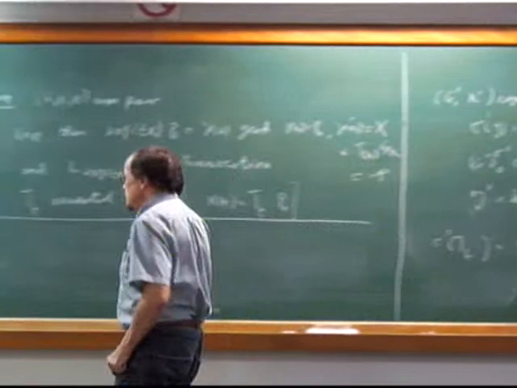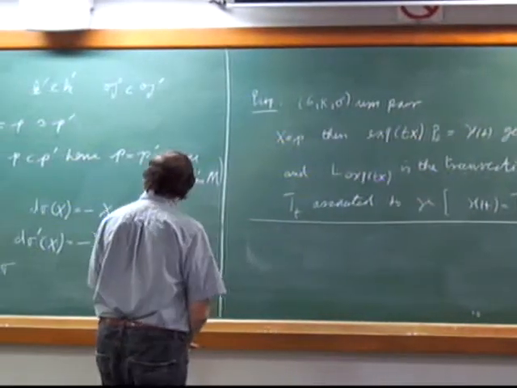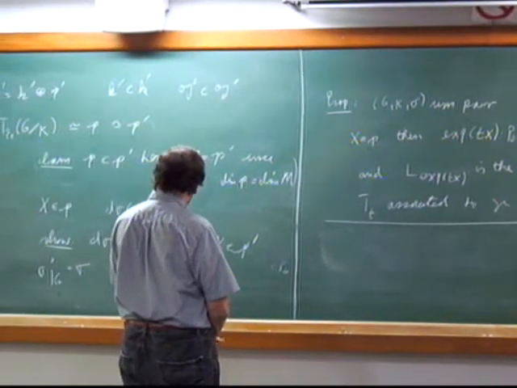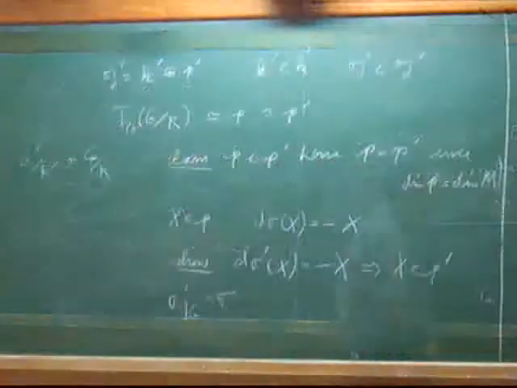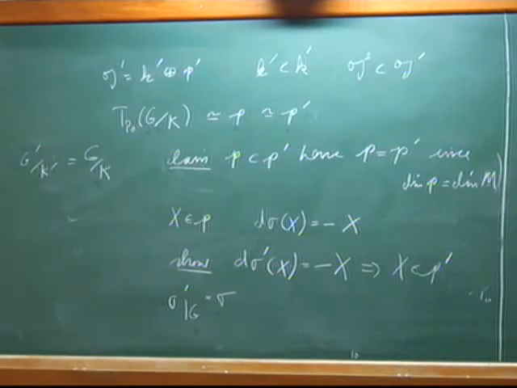But that is clear because they are isometries. What does that imply?